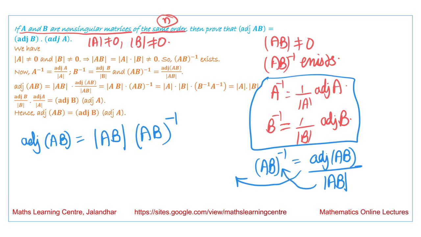So what we get, we can write this is equal to determinant of A, determinant of B into B inverse into A inverse.